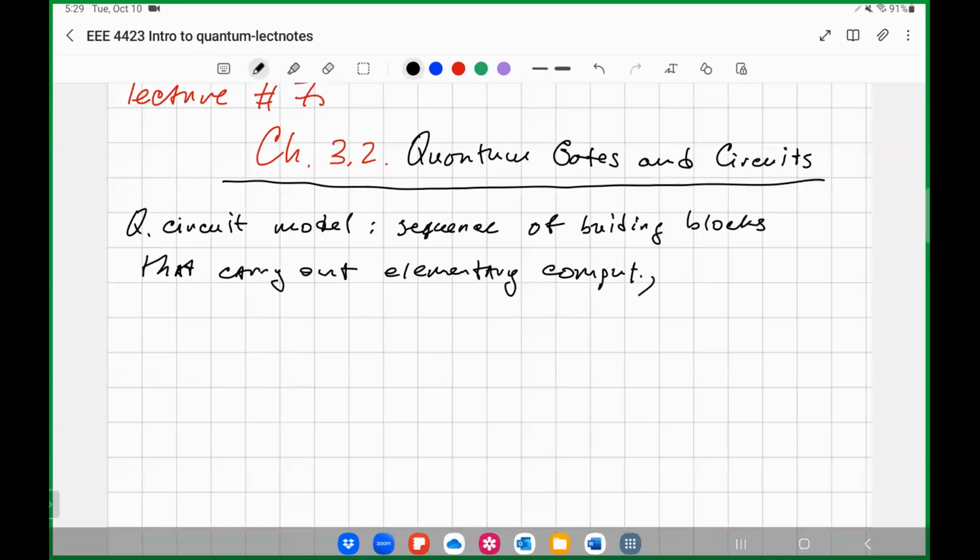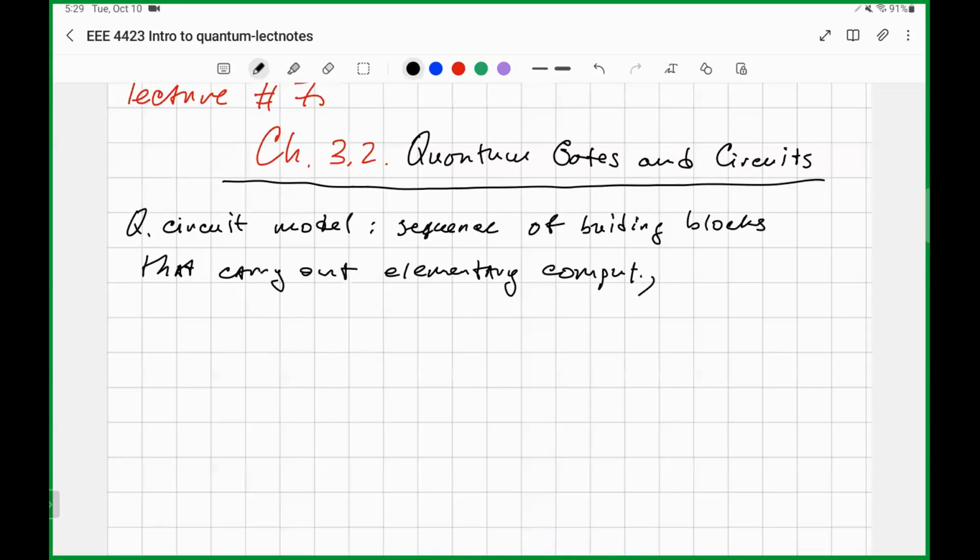And these elementary computations are called gates.